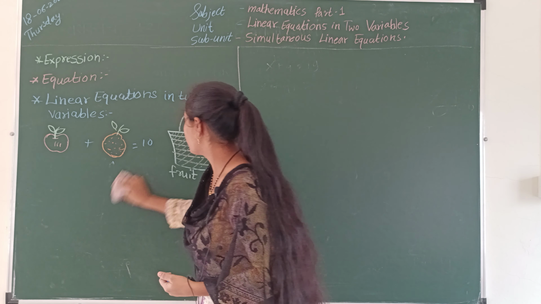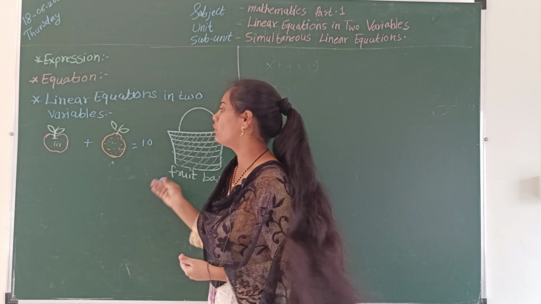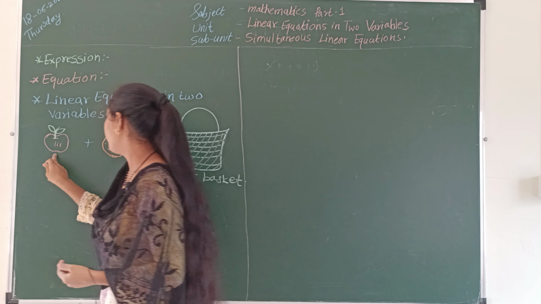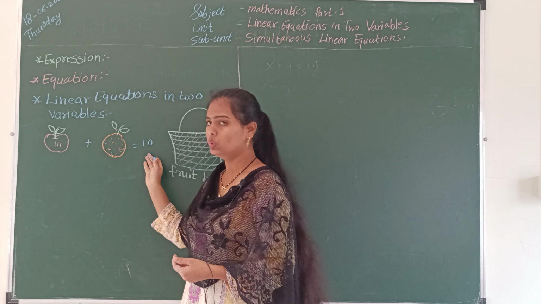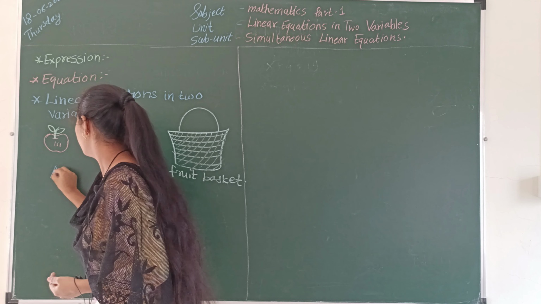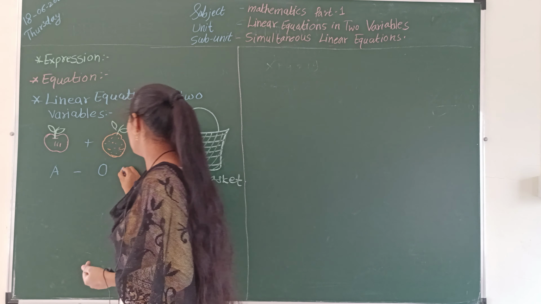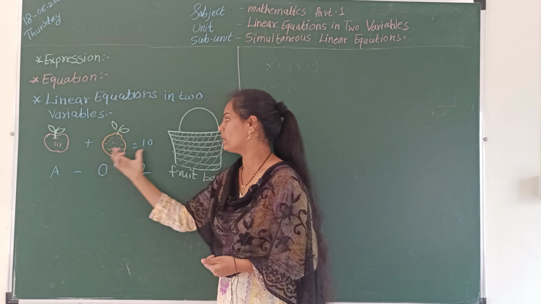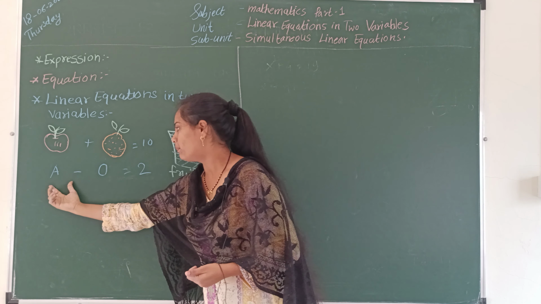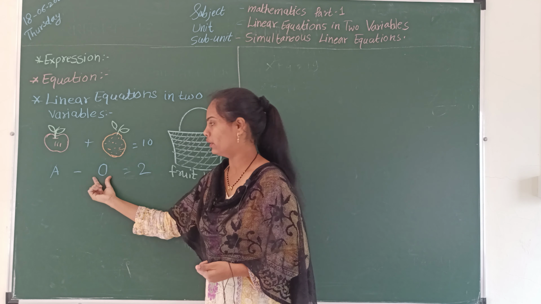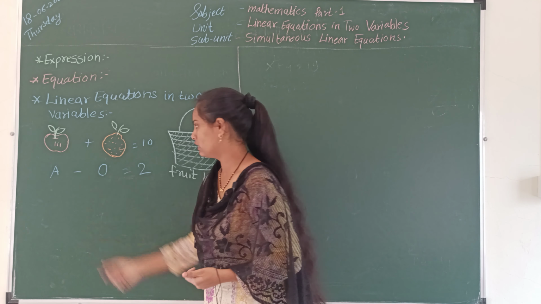In the mathematical approach, I will keep this information in equations. Apples plus oranges is equal to 10, and apples minus oranges is equal to 2.